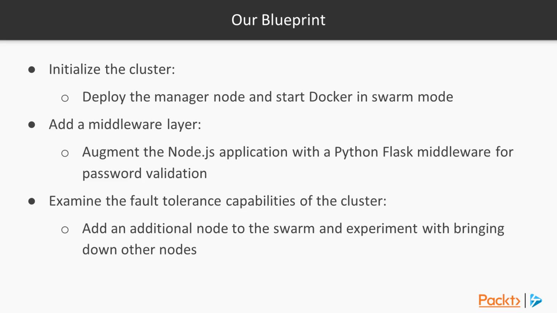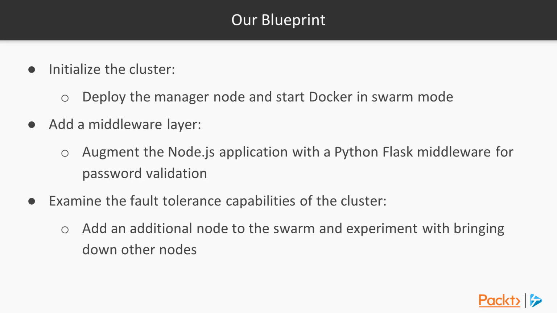In this section, we are going to learn how we can create a full, highly available microservices architecture. At first, we are going to initialize the cluster and have the Node.js application that we have covered before up and running. Then we are going to augment this Node.js application with a middleware layer. We are going to use Python Flask as another API in our application so that we can mimic a real-world microservices architecture.